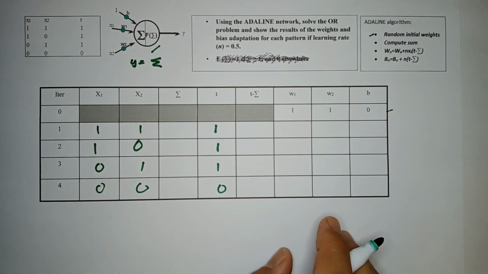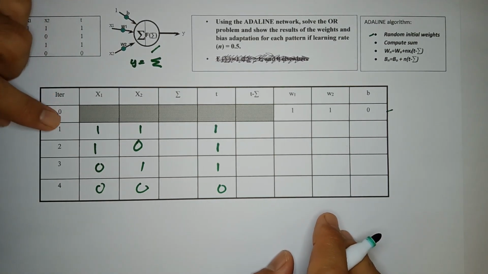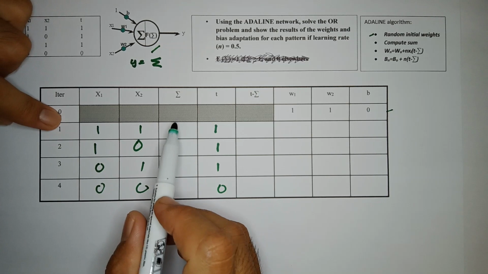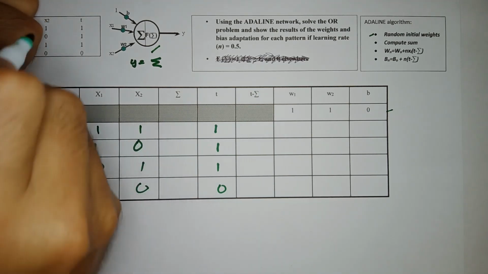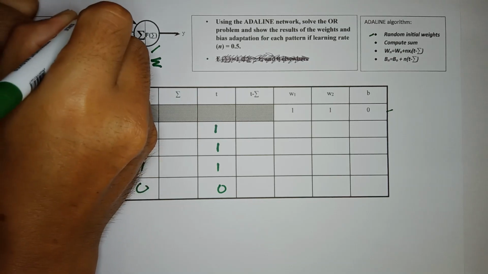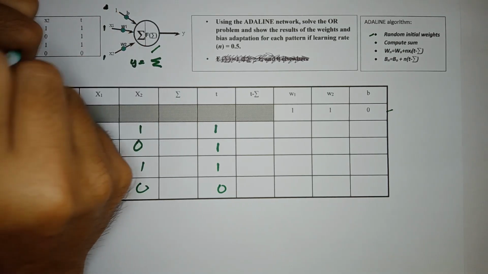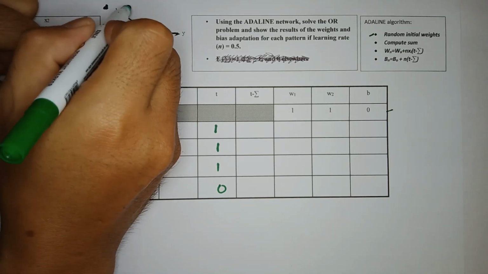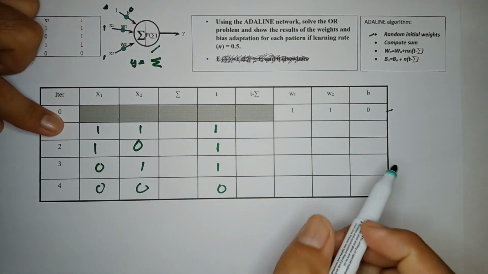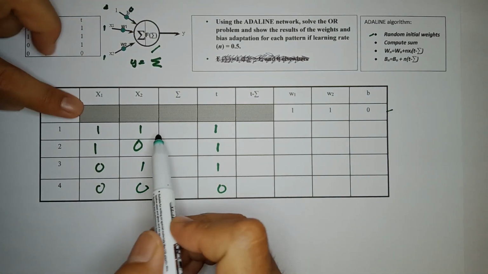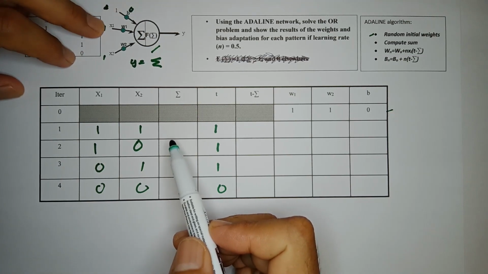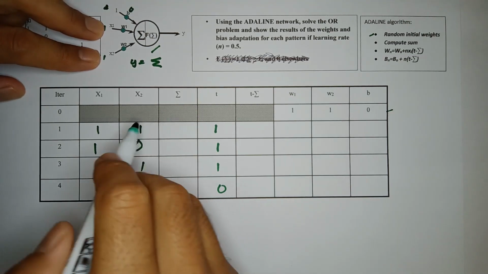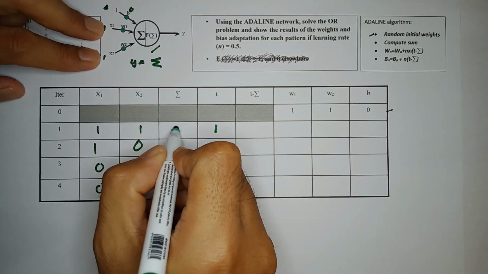The next part is that we need to calculate the summation of input for every step. In this case we have the weights 1 and 1, and the bias here will be 0. So for the first step of the summation, this part will be 0, and this will be 1 plus 1, so the summation of input will be equal to 2.